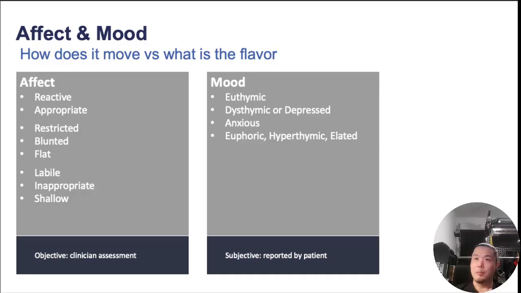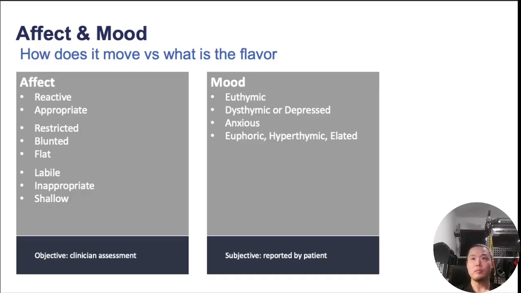All right. Blunting is typically used when we have somebody with schizophrenia or some kind of a psychotic disorder, and what that means is that even if they may be expressing some kind of an emotion, we typically do not see any expression of that across their face.